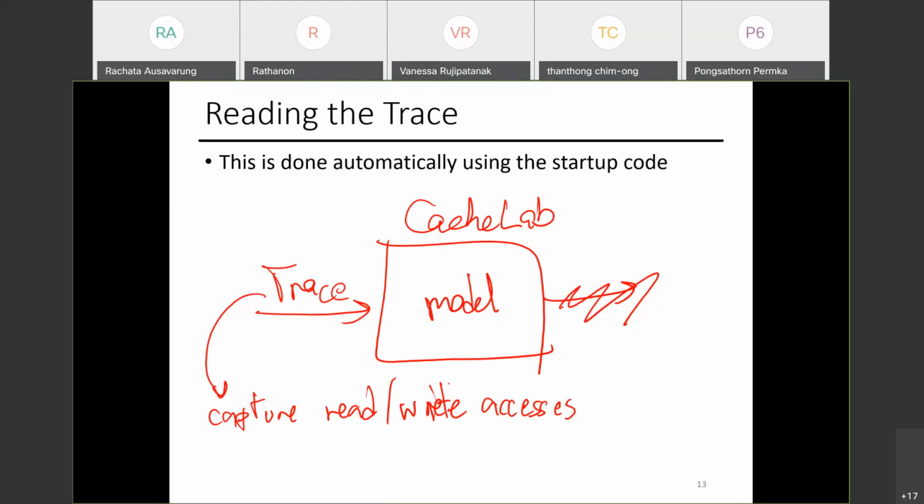If it hits in the L1 cache, that takes a certain number of cycles. If it hits in the L2 cache, that takes another certain amount of cycles. If it doesn't hit in the L2 cache, that takes the most number of cycles. At the end of the day, this gets accumulated and printed out. So we say, if you run the trace of this program, it takes X number of cycles.